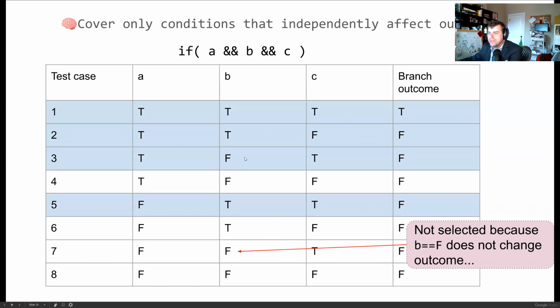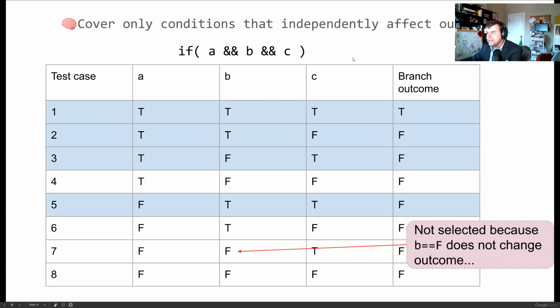So let me jump to test case 7, where you would check false, false, and true with the branch outcome of false. Why wouldn't we select this one? Well, if we ran this code where A was false, we know that this is going to be false. And independent of whether B was true or false, it's still going to be false.